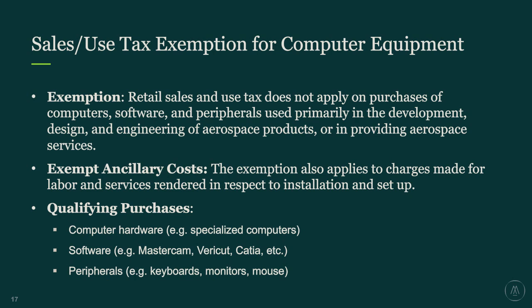But for computer hardware, I would encourage you, if you're going to buy a computer and you're going to assert this exemption, put a notation on the invoice in your file or put a notation in your fixed asset schedule that says here's the person who's using this and they are the exclusive user of this computer, just to make sure that you can tie that back.